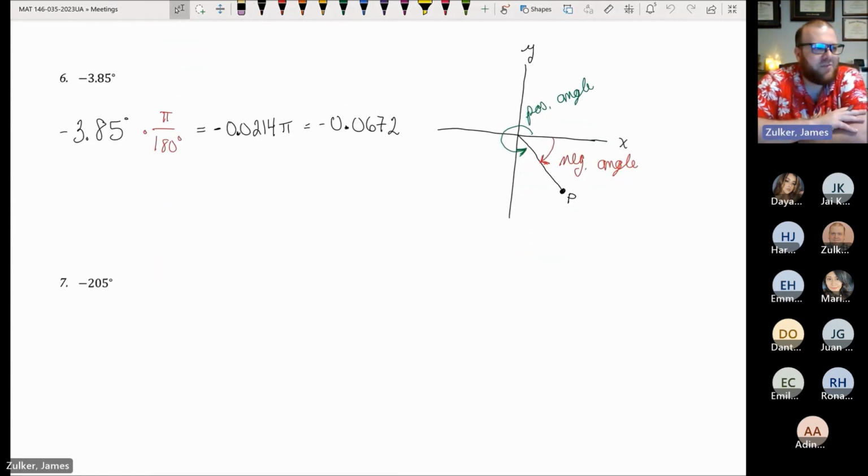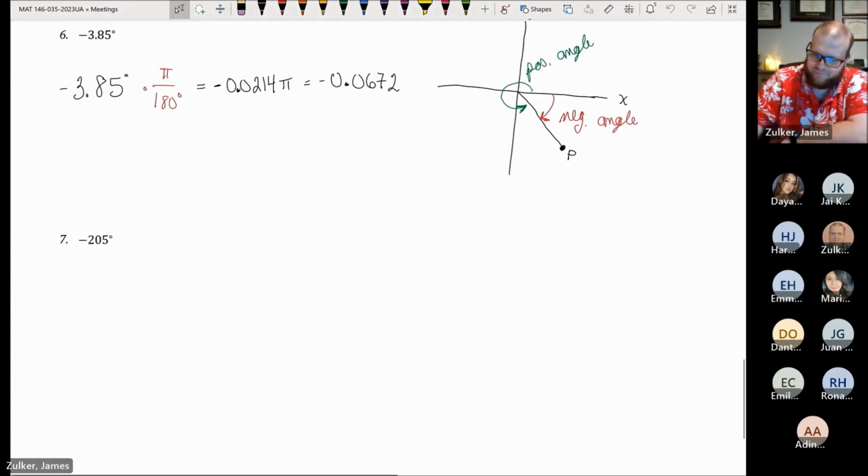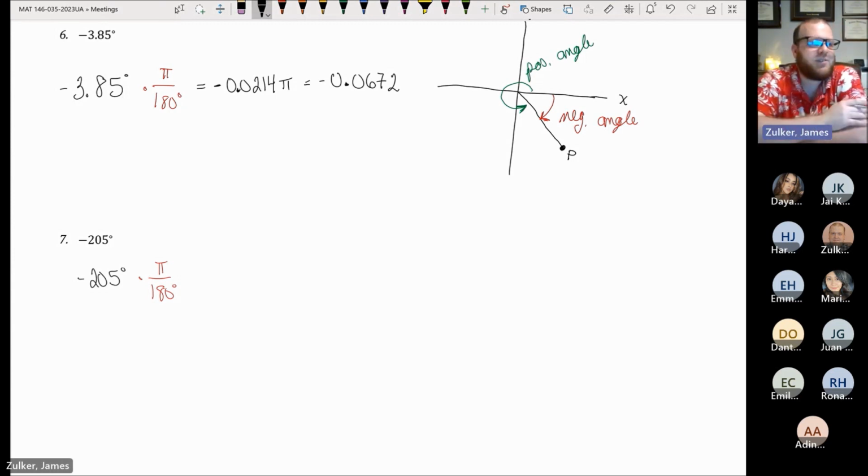Okay, look at negative 205 degrees. Multiply by pi over 180 degrees. It'd be negative 205 over 180.